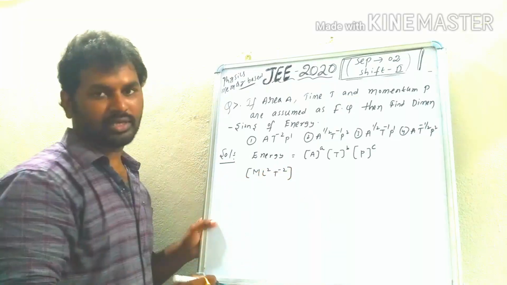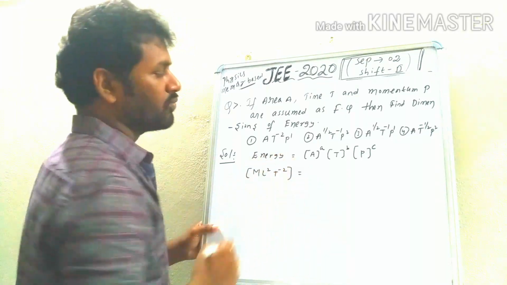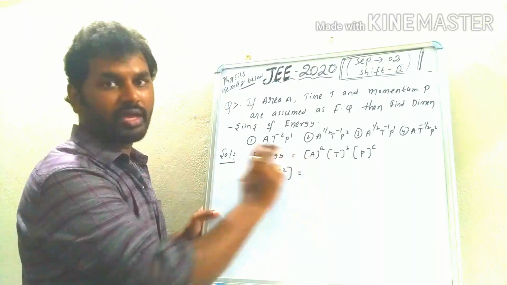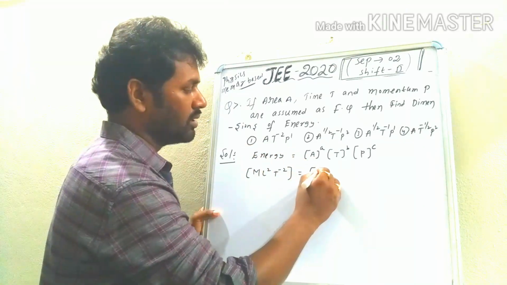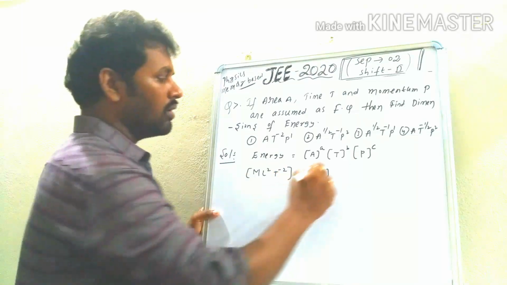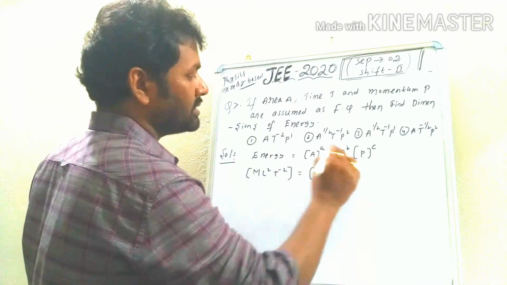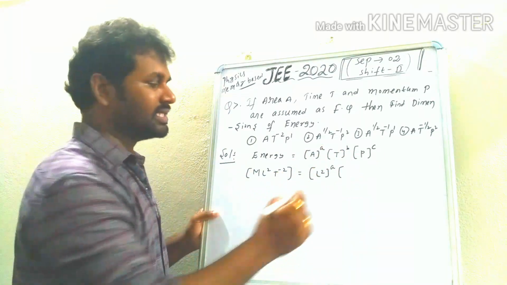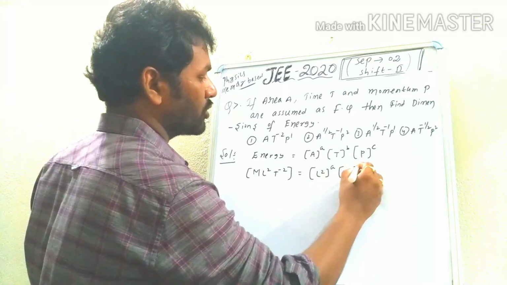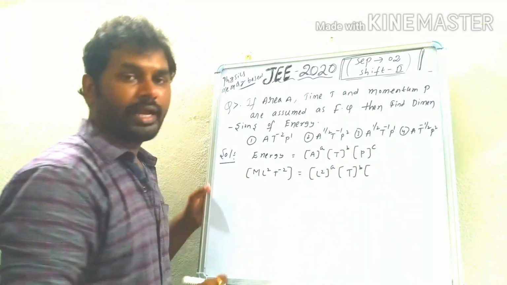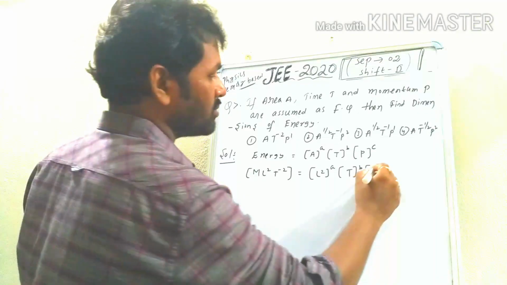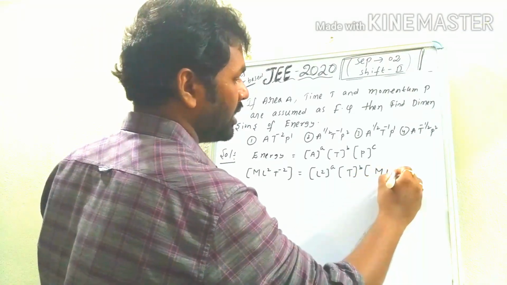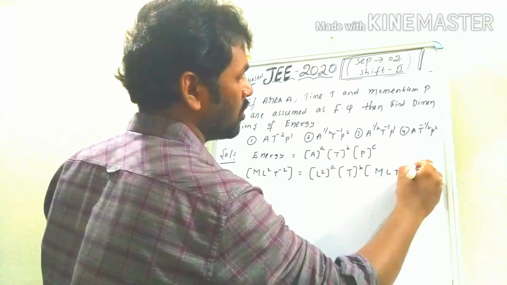Dimensions of energy is equal to dimensions of area, nothing but L square, you write here L square whole power a. Time period itself is T, capital T whole to the power of b. And momentum, linear momentum, which is mass into velocity, it comes as M L T power minus 1 whole power c.